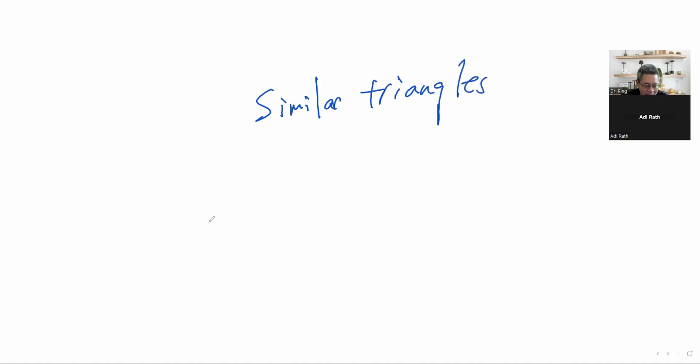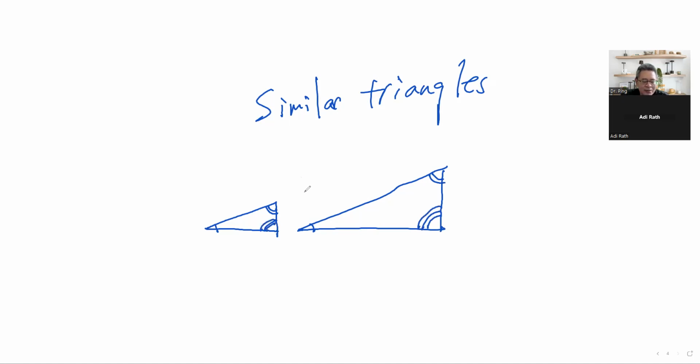Basically, similar triangles: if you have one triangle like this, then you have another triangle, and if this angle and this angle are congruent, this angle and this angle are congruent, and this angle and that angle are congruent, then this is called similar triangles.